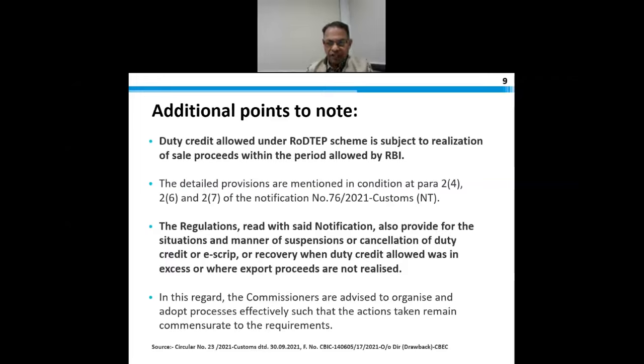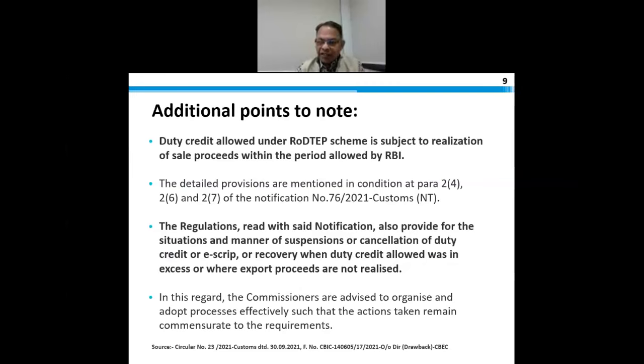Drawback was refunded in cash. RoDTEP is given to you by way of duty credit, so it's an e-scrip. So you'll have to either surrender the e-scrip or you will have to look at how you solve this particular problem.